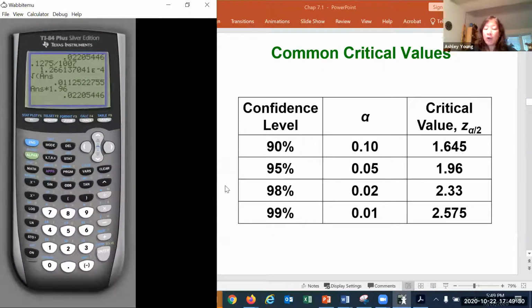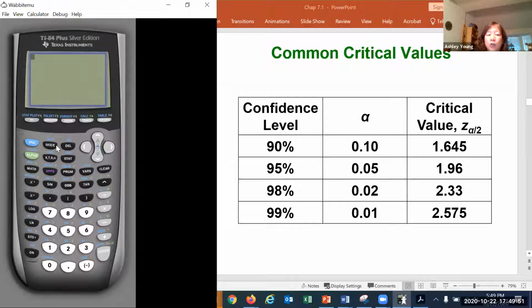So if I want a 95% confidence level, or say a 90%, well, I'll do the one for 95%. My alpha is 0.05. That's the area in the tail. So how much is in each tail? Half of that, right?